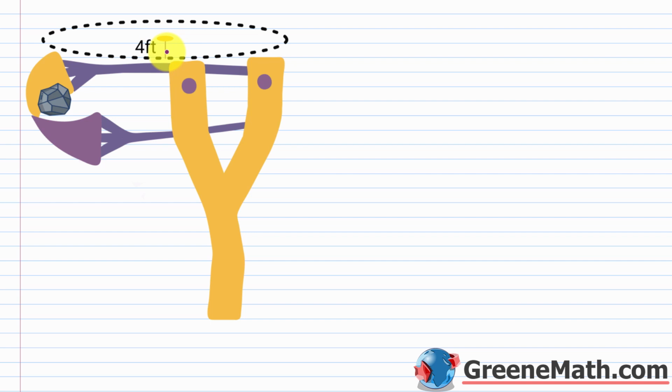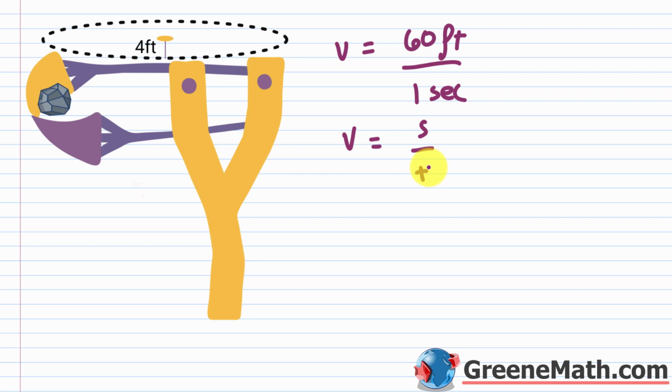Now, we know the linear speed, so when this guy leaves this right here, it's traveling at 60 feet per second. So you can put V is equal to 60 feet per 1 second like this. Now, there's lots of different formulas you could use. I think the simplest way to do this is to think about the fact that your V, your linear speed, is S, which is the arc length, divided by your T, which is your time. So we can say here that the arc length would be 60 feet.